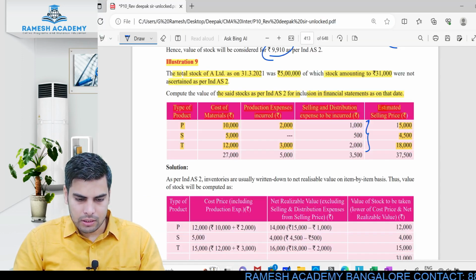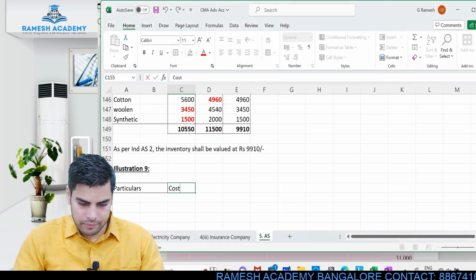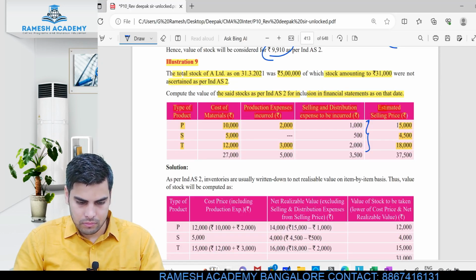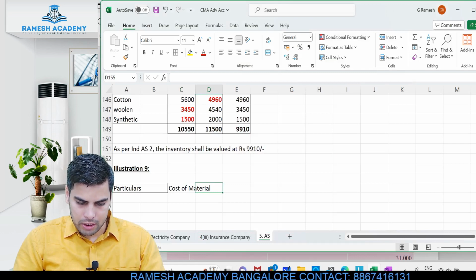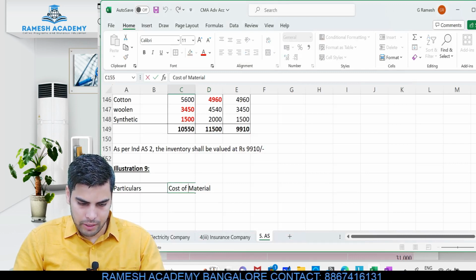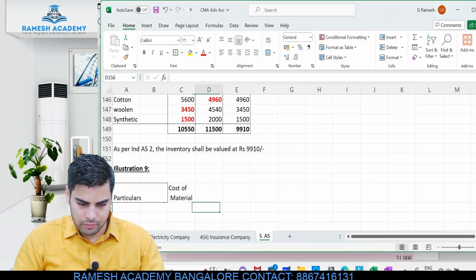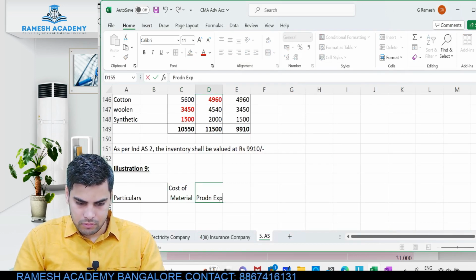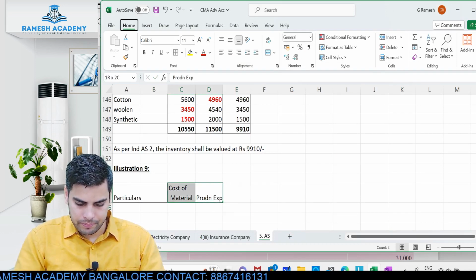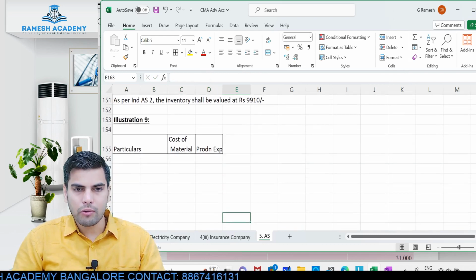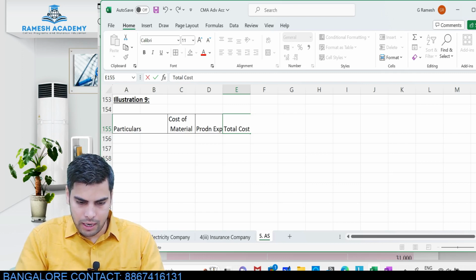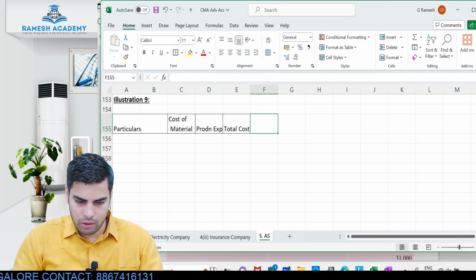Particulars: they have given you the cost of material and then they have given you the production expenses. This is cost of material. Production expenses. So this will give me the total cost. I just need to add these two in order to figure out the total cost.